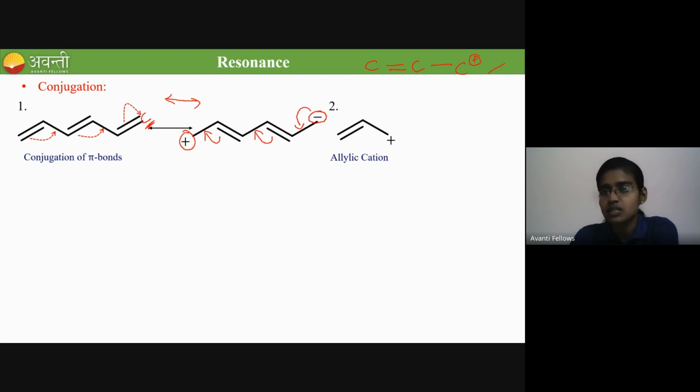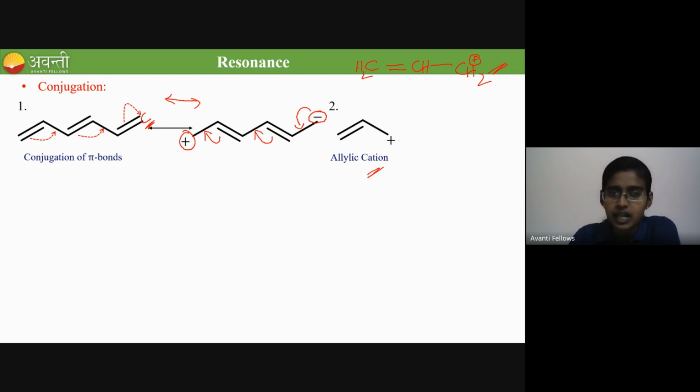So now this system is called allylic. Here H2, here H and here H2. This is the bond line structure of the structure which I have drawn here. Allylic means a 3-carbon containing system with one double bond and another single bond in it. Got it? So allylic cation.